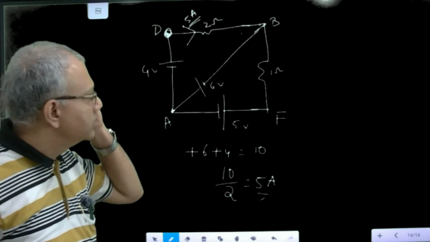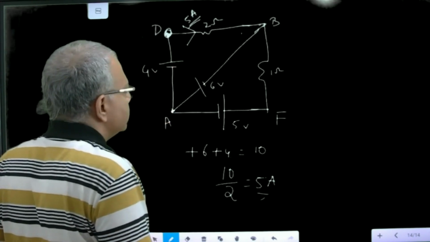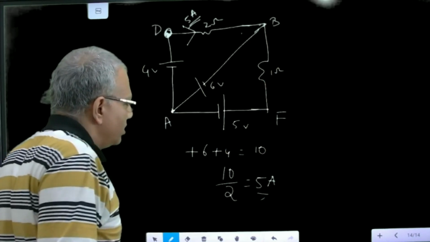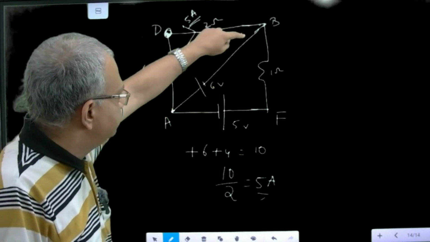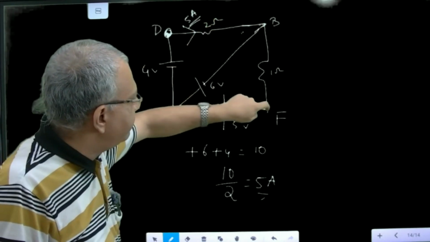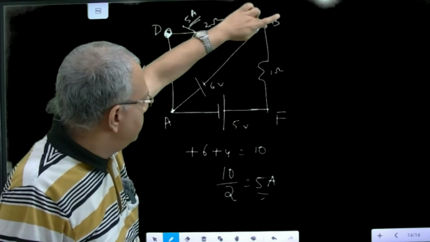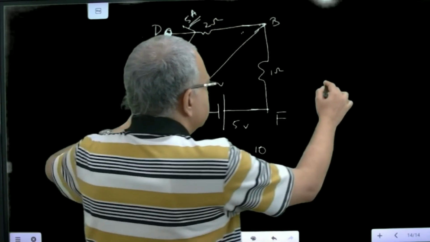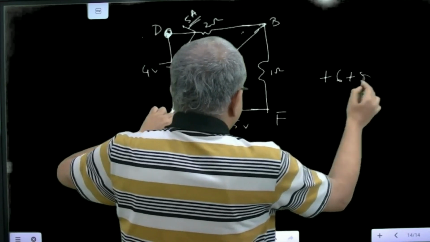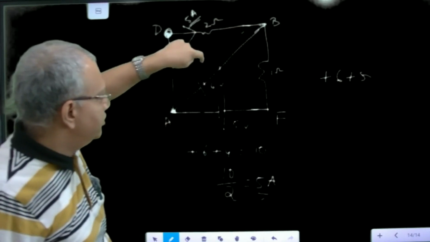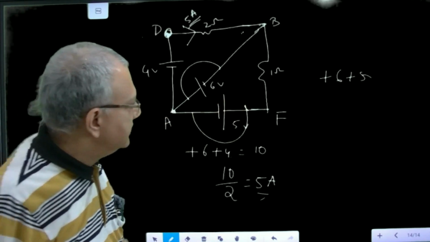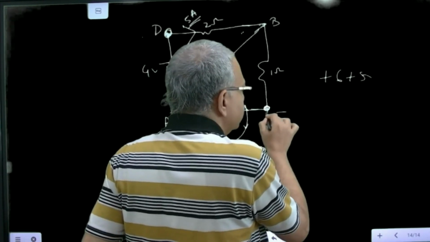Understood. Similarly, if I'm doing that for this part, which one? B to A, A to F, F to B. Just like you see, B to A, A to F, 5. Why? From the negative to positive, plus 6. From negative to positive, plus 5. Isn't it? Then what is the voltage here?